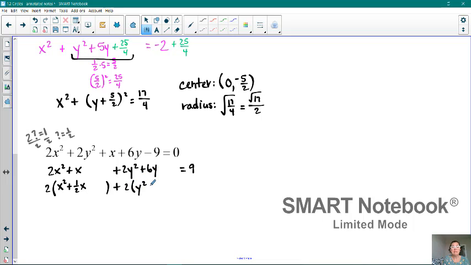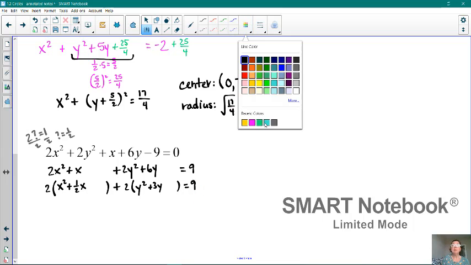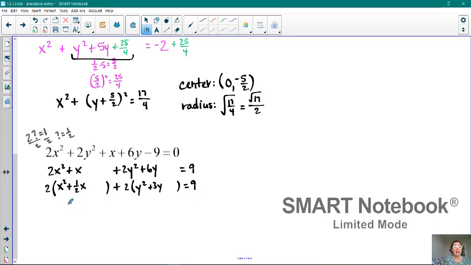Factoring a 2 out in the y's is not nearly so complicated. 2 times what gives me 6? That's going to be 3. Doesn't affect the constant on the other side. Time for some completing the square. Half of a half is a fourth, and a fourth squared is 1/16.